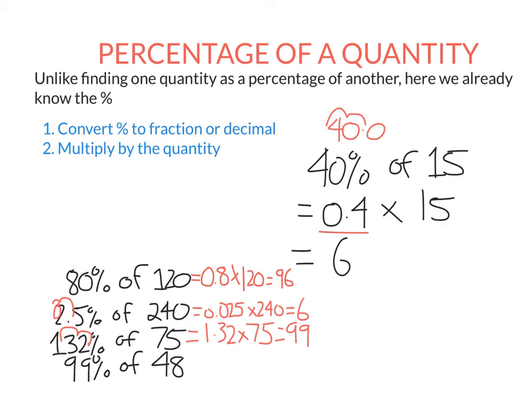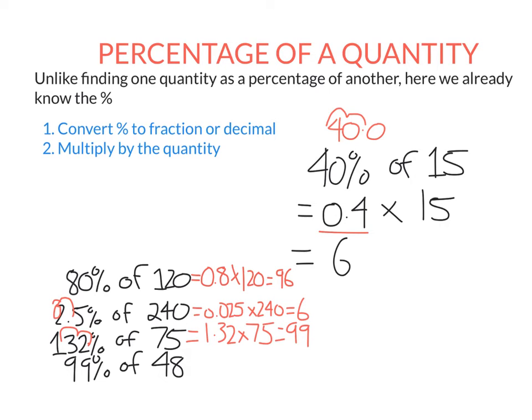So let's look at this last example, 99% of 48. It's okay if you can't do this one or any of these off the top of your head, but I want you to have a think of what the number should be around about. 99% is just less than a whole. So 99% of 48, the answer should be just less than 48.